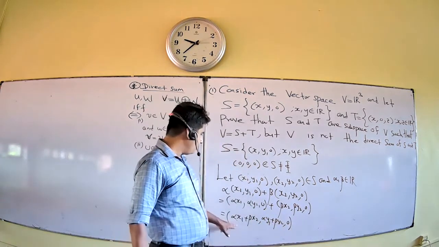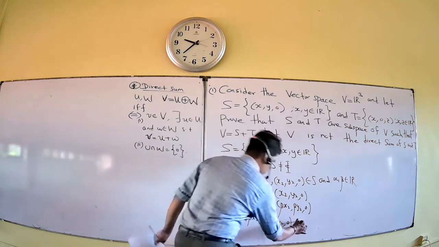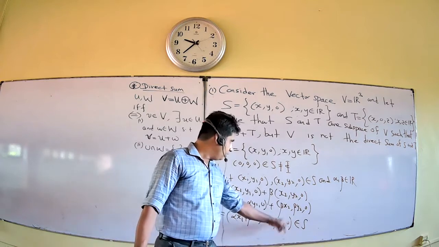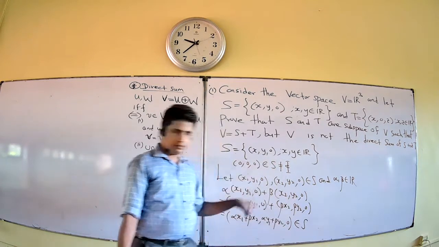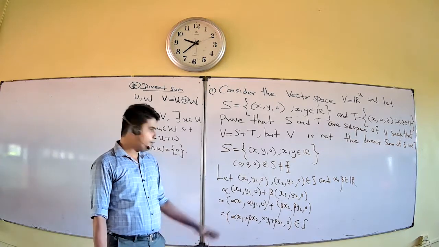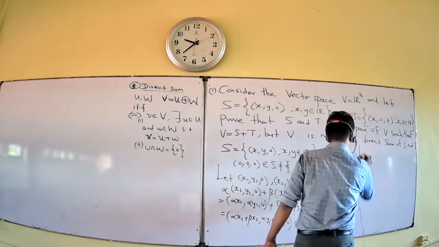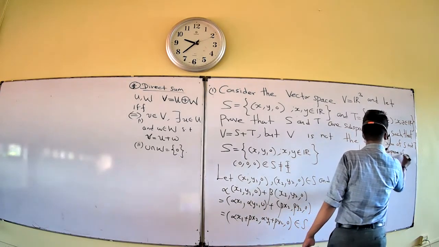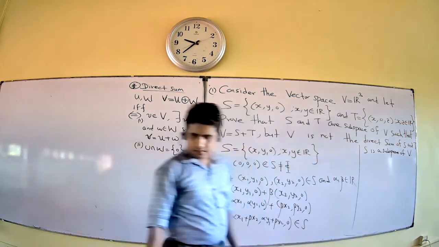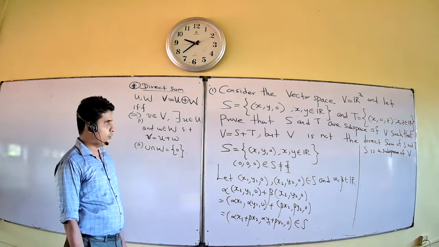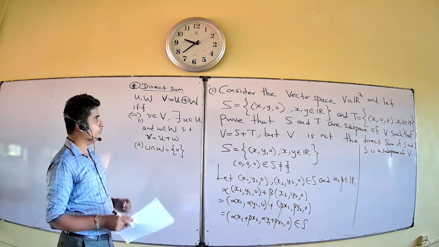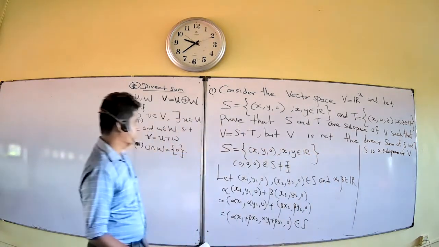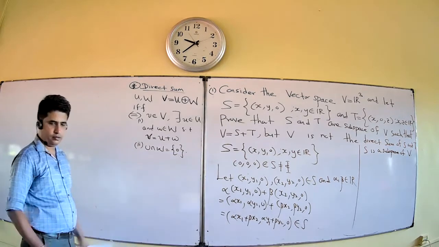This element belongs to S, because the third element is 0. This belongs to S means S is a subspace of V. Right. Next, you want to verify T is also a subspace of V.